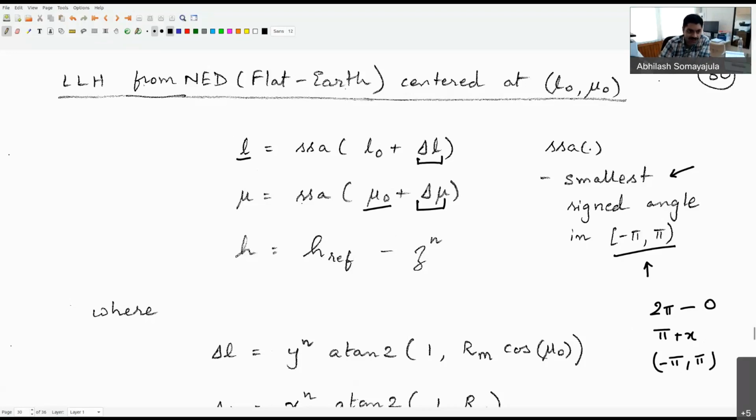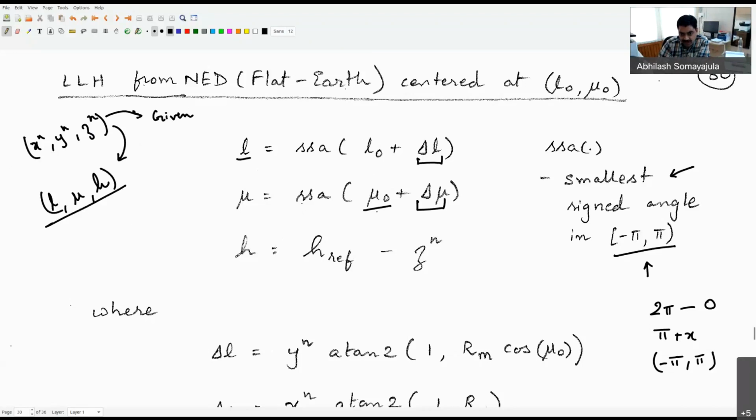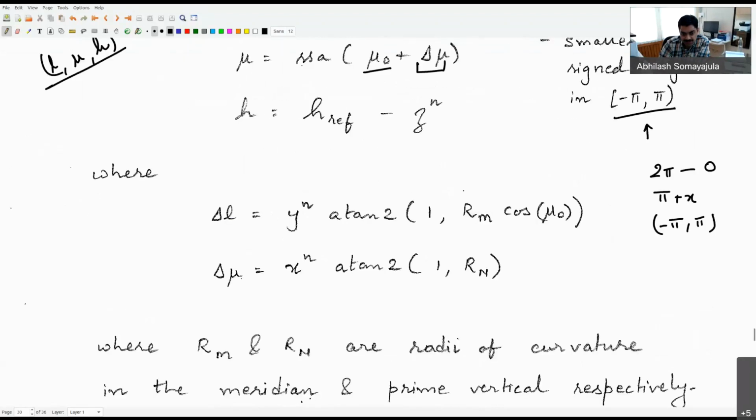So here, given a value of xn, yn, and zn, how do I calculate the latitude, longitude, and height? Then we will discuss the other way around as well. If I know the reference location L0 and mu0, I can calculate delta L and delta mu as shown here.